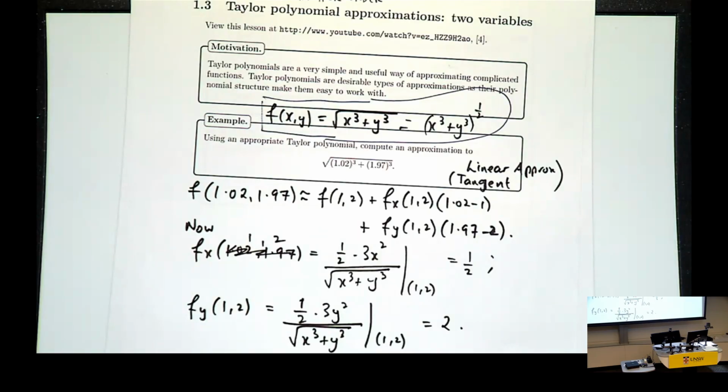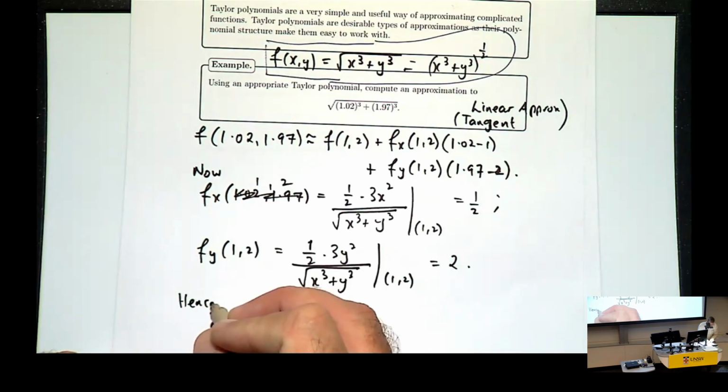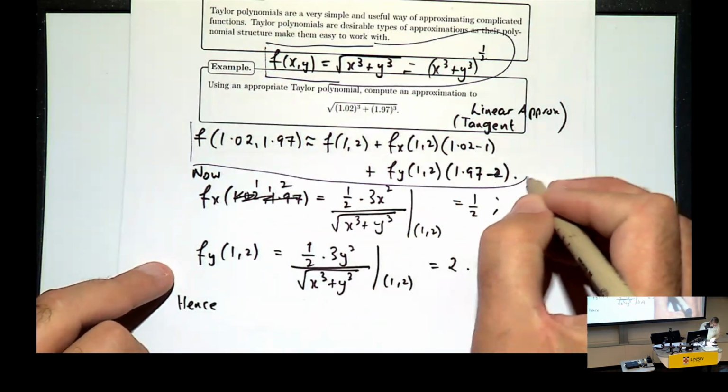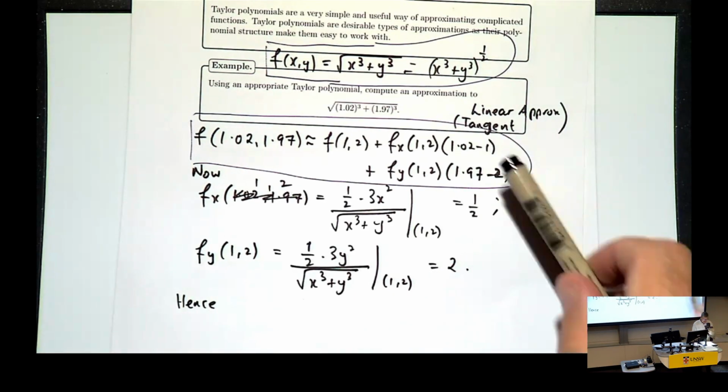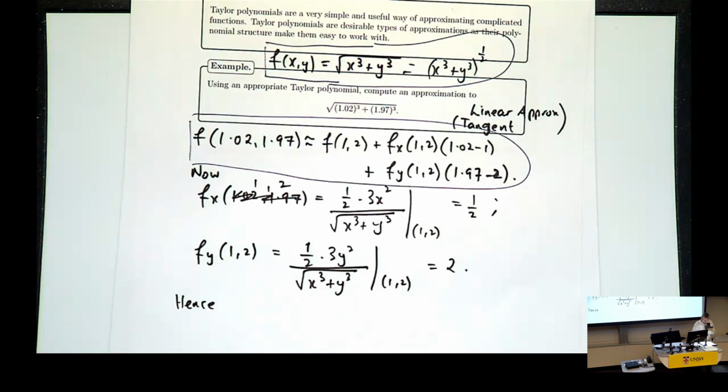All right, so we've got our 2 bits, let's put them together, and then we'll have our approximation. Okay, that's going to be 0.2, that's going to be negative 0.3.